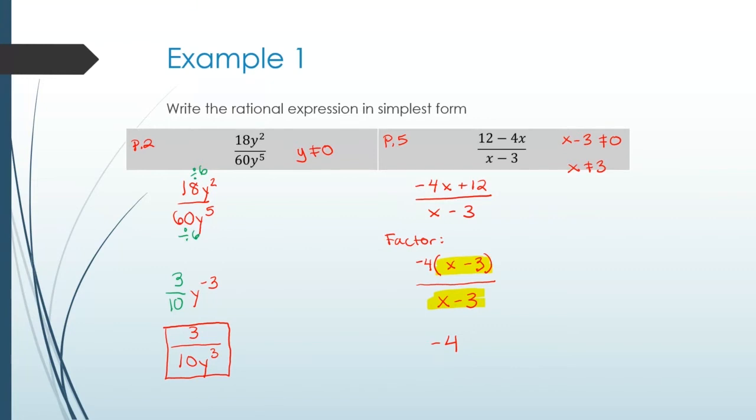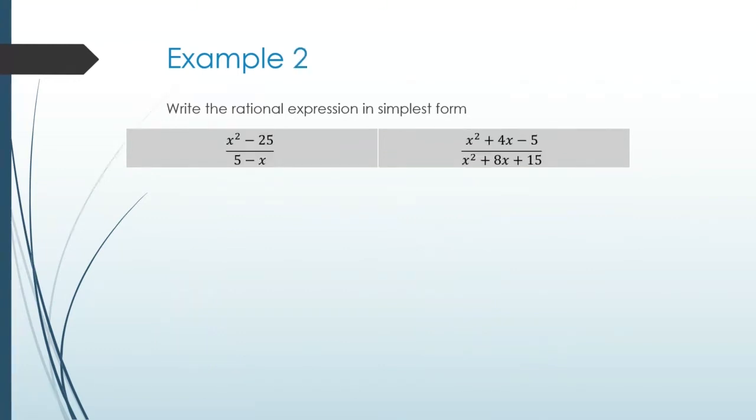We don't have any variables left. So this is the part that the book is very particular about, that whatever we canceled out, the x minus 3, we have to make sure we specify that this simplifies to negative 4 for everything except x equals 3. Because that was not allowed in our original problem, and so it's still not allowed in the simplified part, even though we don't have any x's at all.